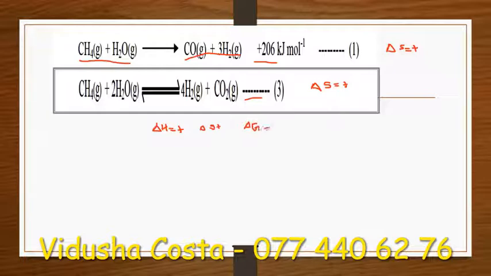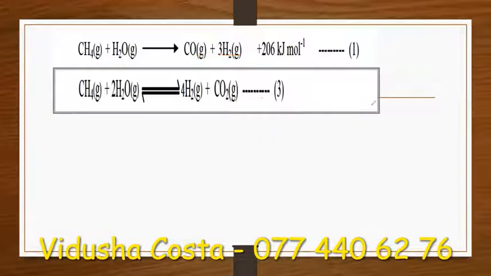Normally, if delta H is plus and delta S is plus, the reaction becomes spontaneous, or delta G becomes negative, at high temperature. So you have to supply a high temperature in order to make these 2 reactions proceed.